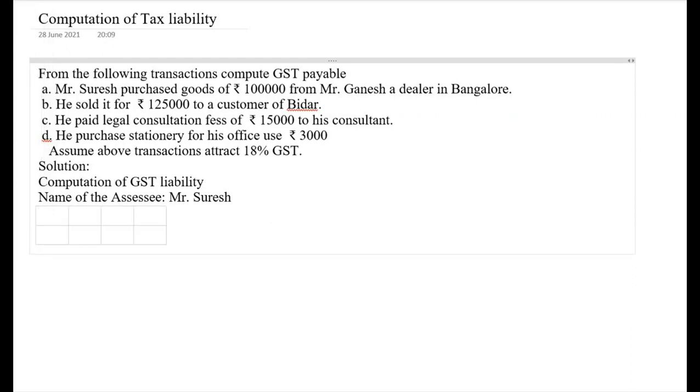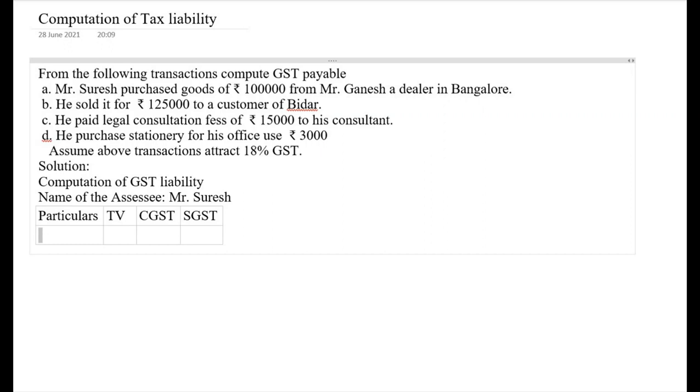We can insert 4 columns: particulars, transactional value, which I will write in short as TV, then CGST, SGST. So let's begin with the transactions one by one.